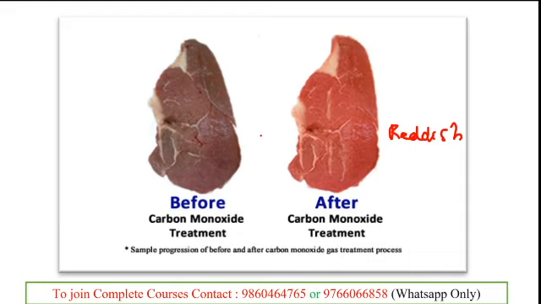Clear. In many examples, you can see carbon monoxide is one of the dangerous gases present in the environment, and it causes health problems, cancer, and also lung disorders. It is caused by emissions from automobiles. Clear, students.